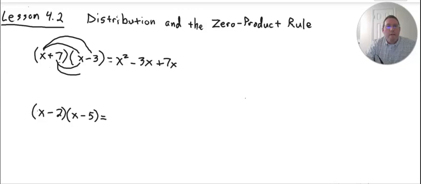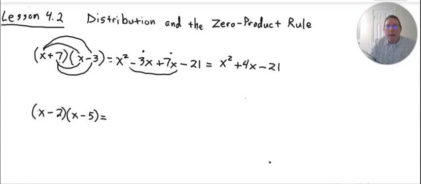Then 7 times negative 3 is negative 21. And now all we got to do is simplify what's in the middle here. We're going to bring over the x squared, negative 3x plus 7x. So negative 3 plus 7 is plus 4x, and then minus 21, and that's our answer.